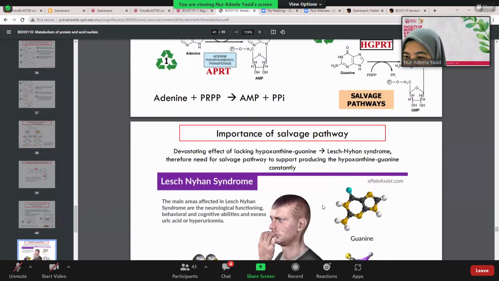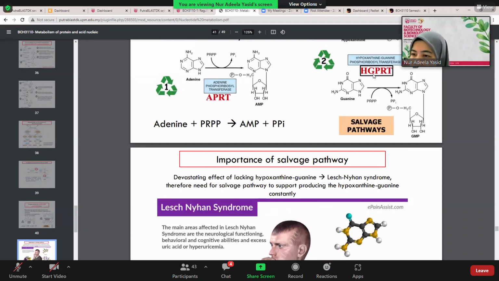Okay, so there is a syndrome called Lesch-Nyhan syndrome. This syndrome is caused by a severe HGPRT deficiency. Okay, kalau ada a very severe HGPRT deficiency, it causes this kind of syndrome.